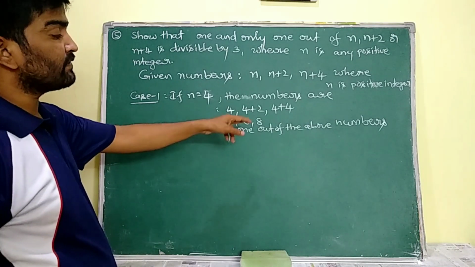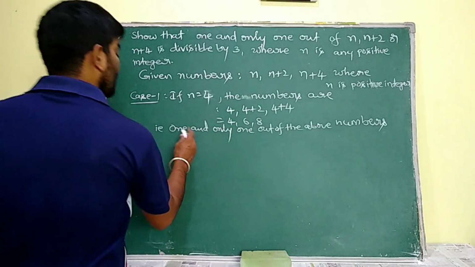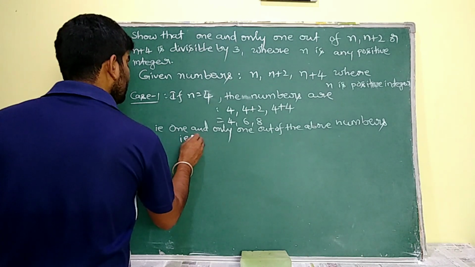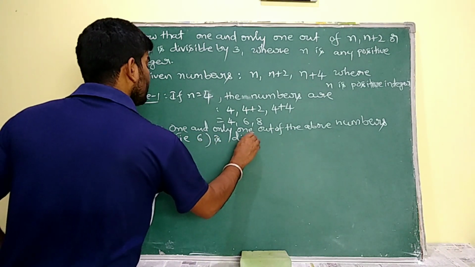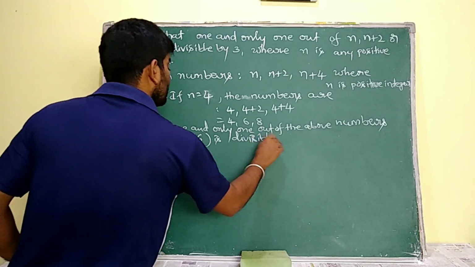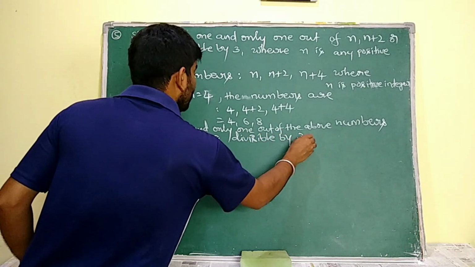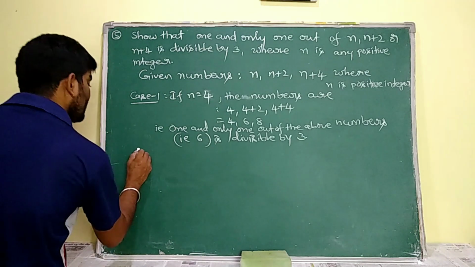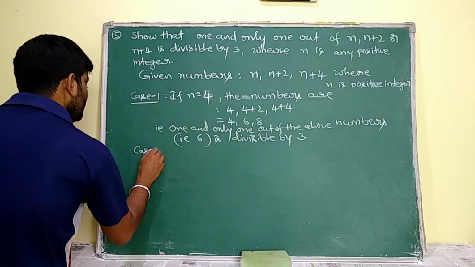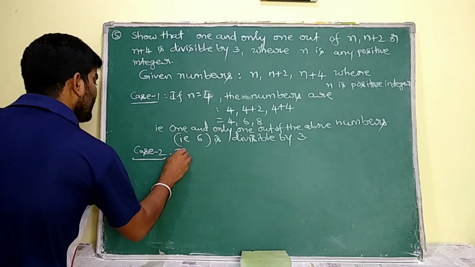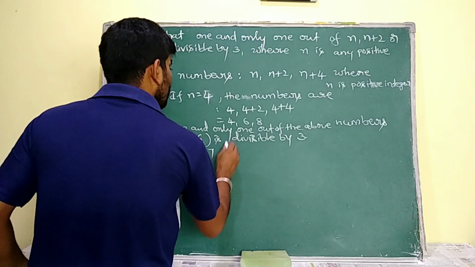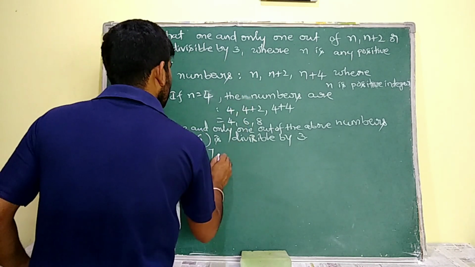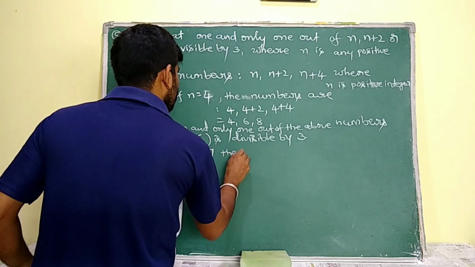One and only one out of the above numbers, that is 6, is divisible by 3. Similarly consider another number for n.